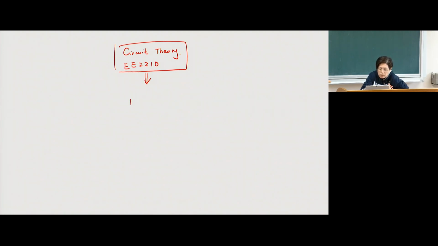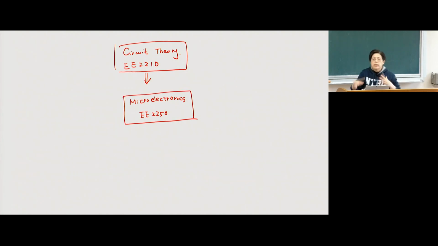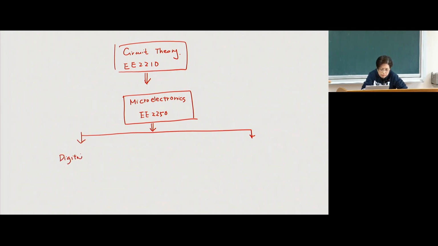And then we're going to come to microelectronics. This is the course you're taking. So as I said, this is a fundamental course. This is microelectronics. This is, I don't know, the course number. Something like that. Maybe I got it wrong. So this is the course we're taking now. So in the future, if you're interested in further understanding of digital circuits, there's digital circuits, as I said.